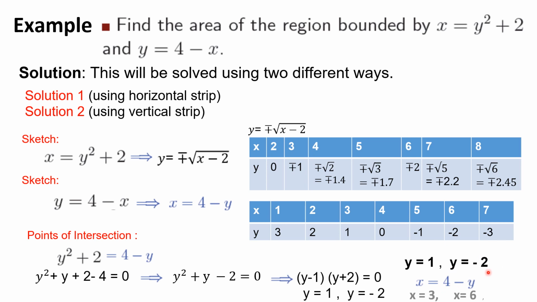And when you have negative 2 for y, that's 4 minus a minus 2, so x is equal to 6. So the points of intersection will be x is 3, y is 1, and x is 6, y is negative 2. So we have 2 points of intersection.